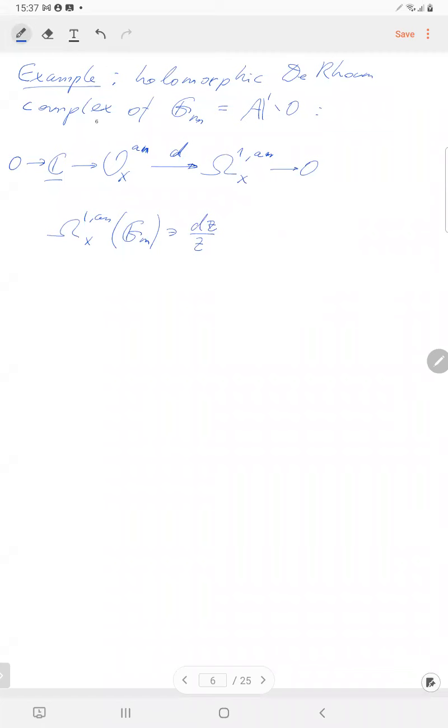That's a global section, but certainly it's not in the image of D. So this is not df for any f that is a global section, in other words, a holomorphic function.